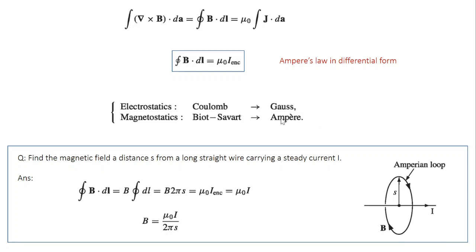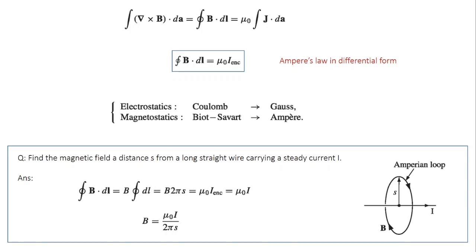But the issue with Ampere's law is you can apply it only under specific conditions. The condition is that the symmetry of the problem should allow you to take the magnetic field outside the integral. Only then can you apply Ampere's law and get the result quickly. So the scope of Ampere's law is very limited.